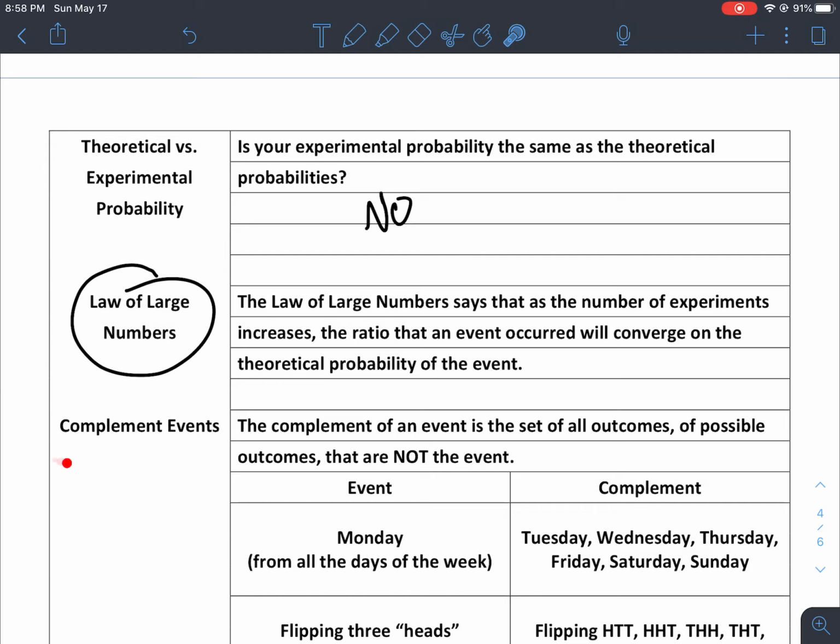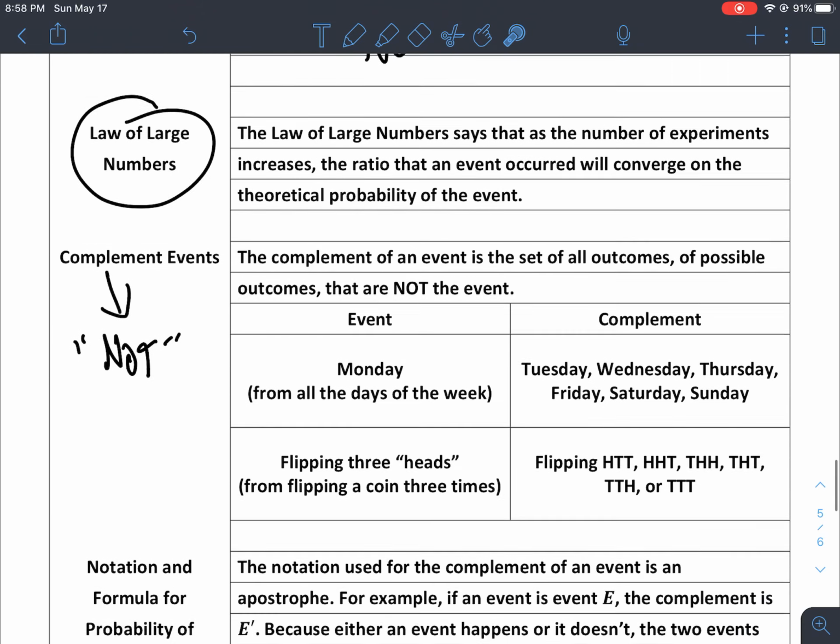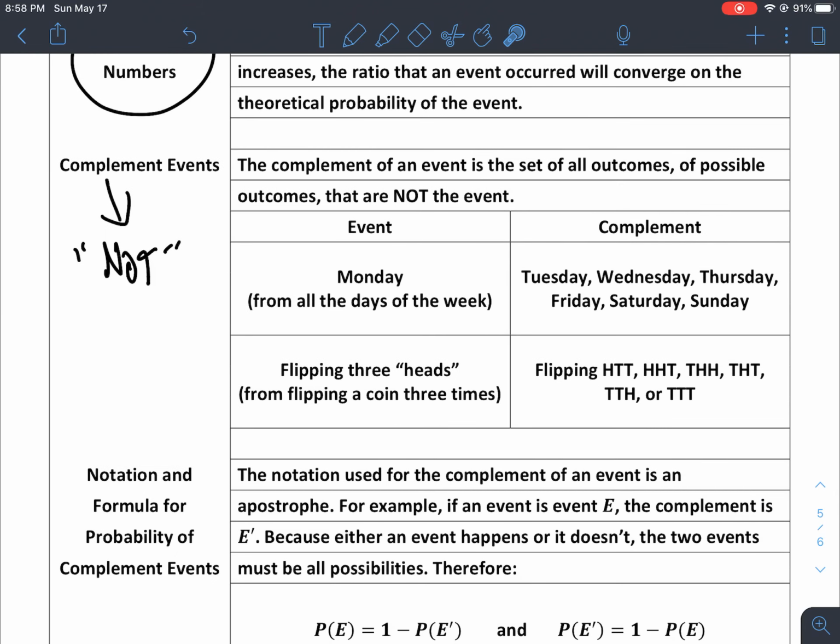But this also relates to what's called complement events, which I think of as not events. So the idea is the complement, not like a compliment as in, your hair looks nice today, but a math complement is an event of possible outcomes that are not the event.